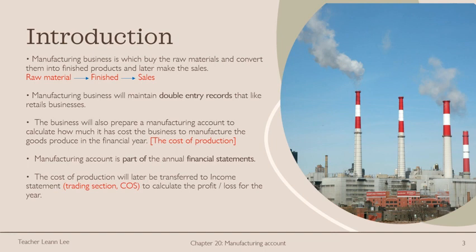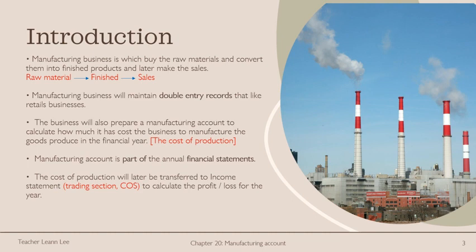Once they're done, they will total up all the costs involved. At the end of the day, the total of the prime cost, factory overhead cost, and the adjustment of the WIP, work in progress, gives you the cost of production. Cost of production means the total cost incurred in their manufacturing process.